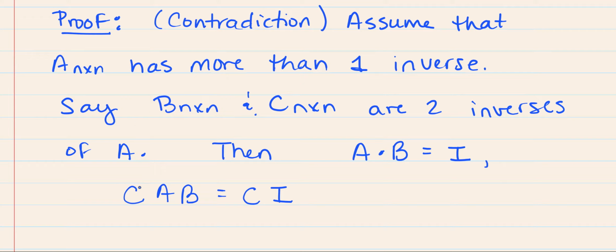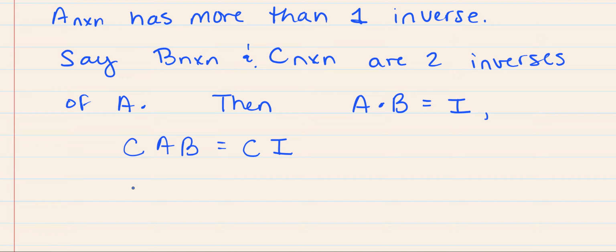Now, remember that matrix multiplication is associative. So what I can do here is put parentheses around these two. So I can multiply C and A first and then multiply it with B. And on this side I have C times the identity. Now remember, we wrote in the last video that the identity matrix times any matrix is that matrix again.